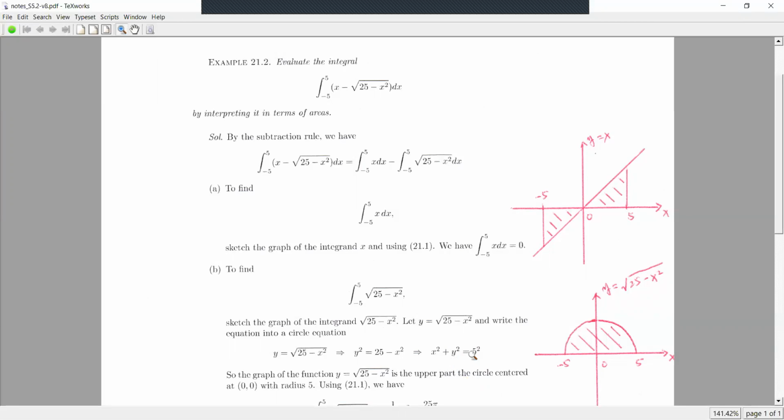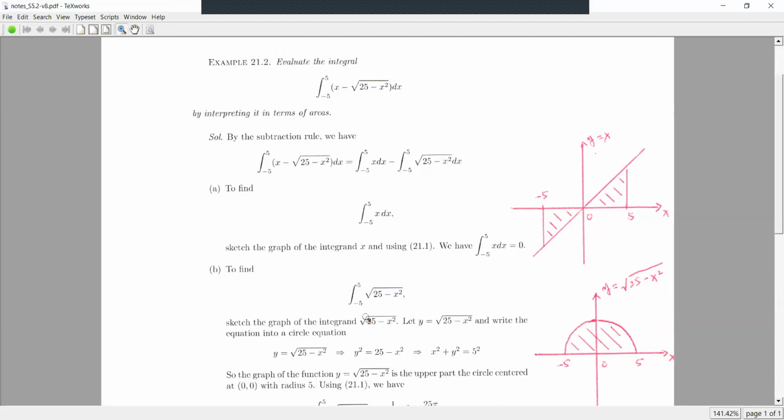This equation contains two functions. One is this function. The second one is y equals negative square root of 25 minus x squared. The upper semicircle is the graph of this function, and the lower semicircle is the graph of the other function. Okay, now we have the graph of the function.